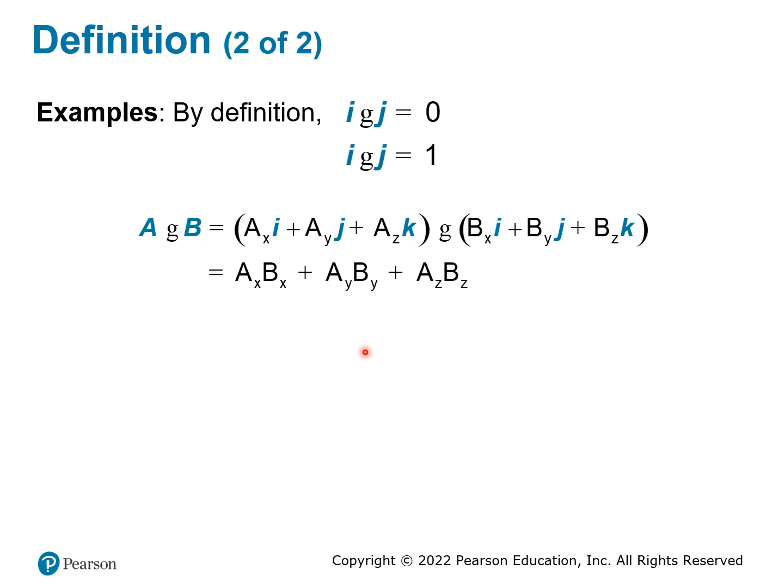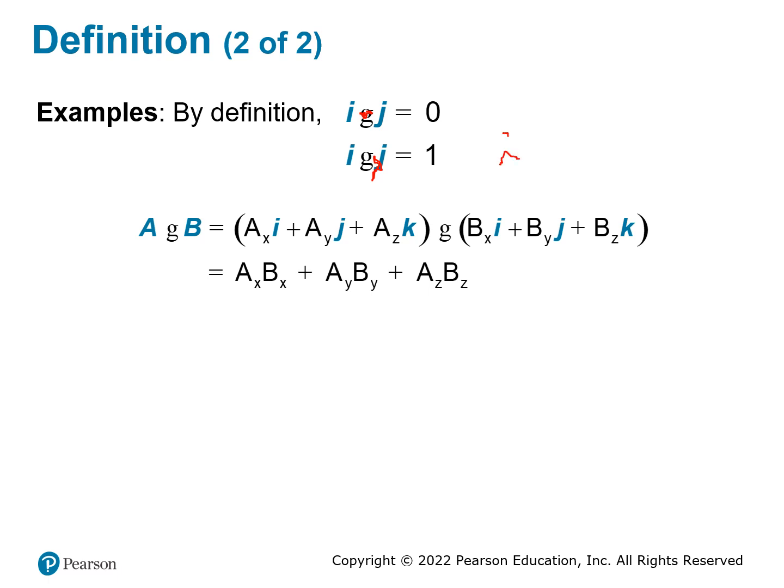However, if they are parallel to each other, then the dot product will be equal to 1. I think because there's some typo in here, this one should be i dot with i, not j.